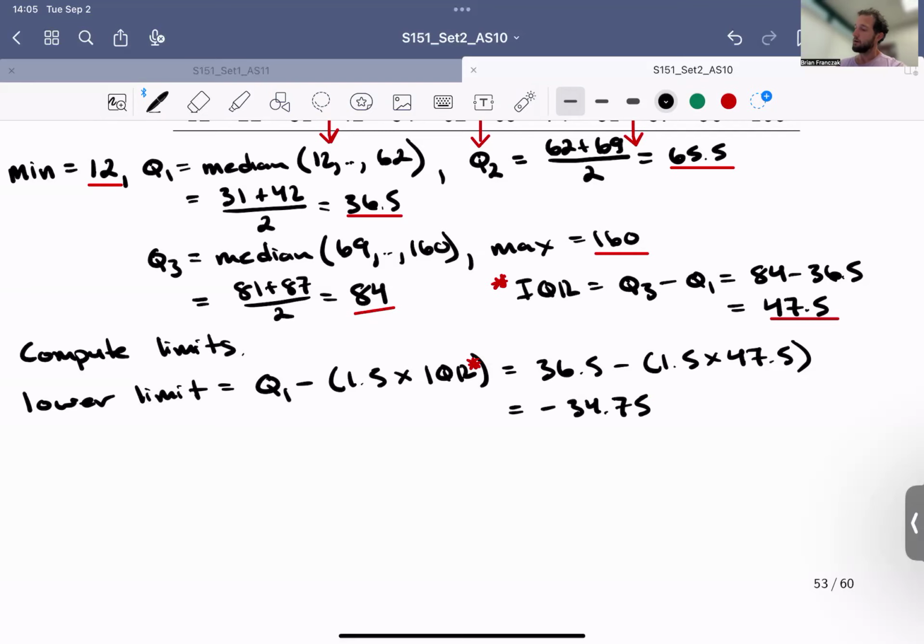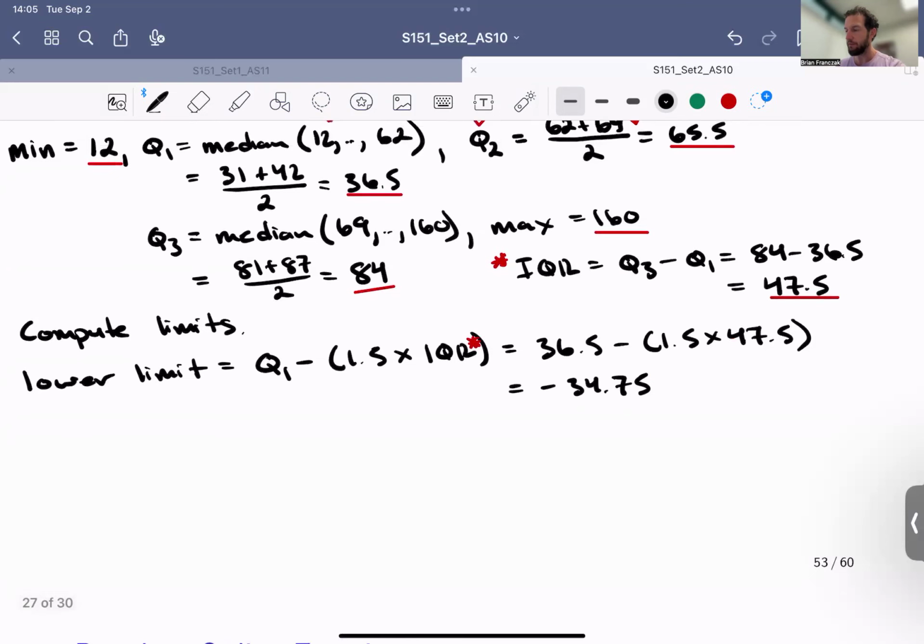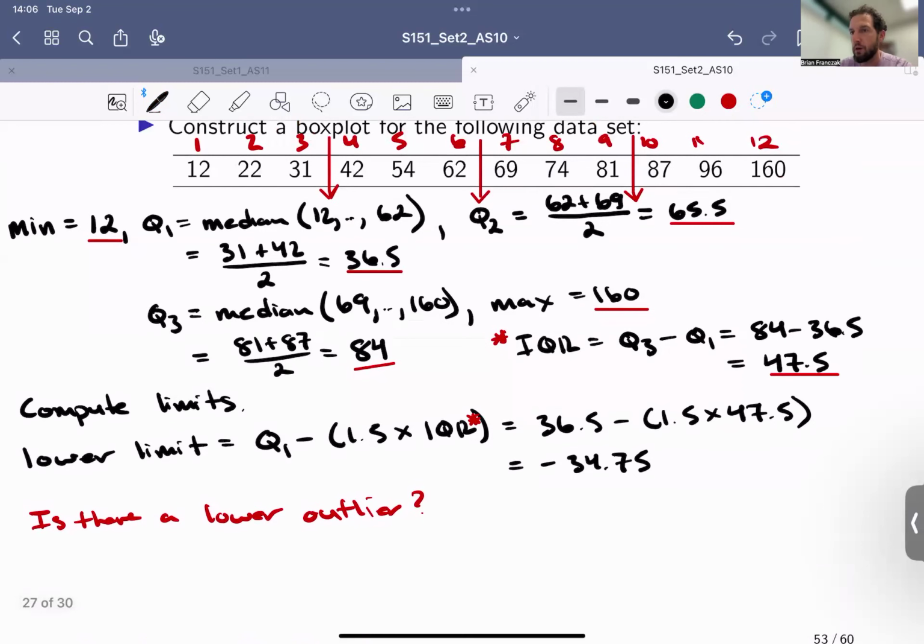Okay. Now, the fact that this number is negative is perfectly fine. So if you compute a lower limit that's negative, that's not an issue. That is plausible. What we would do now is we would basically just ask, is there a lower outlier? And to check this, all we have to do is take the values in the data set and see if they are below the lower limit.